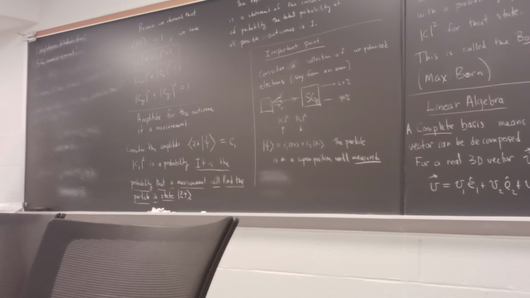Okay, so to do this, Feynman described what he calls a modified Stern-Gerlach apparatus.